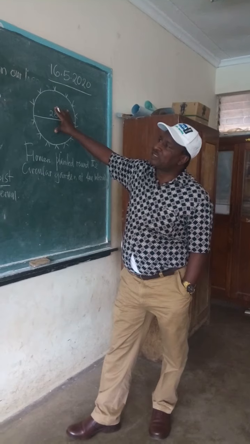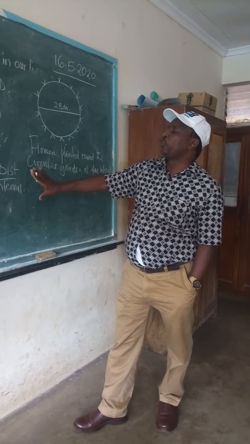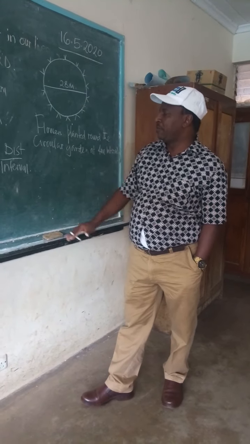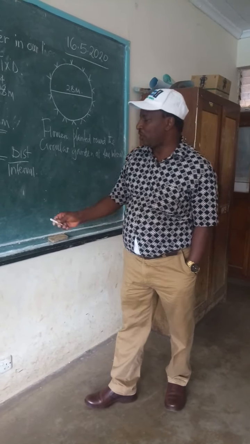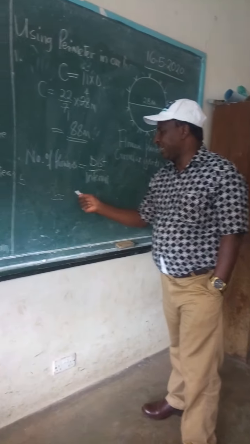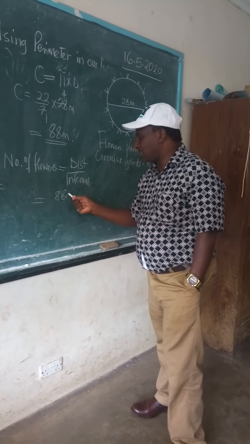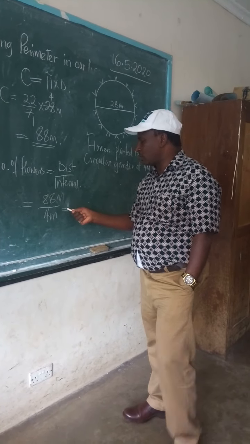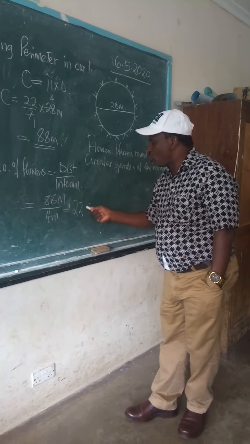Therefore, you will not do any addition. It is simply distance divided by interval. In this case, 88 meters divided by 4 meters gives us 22 flowers.